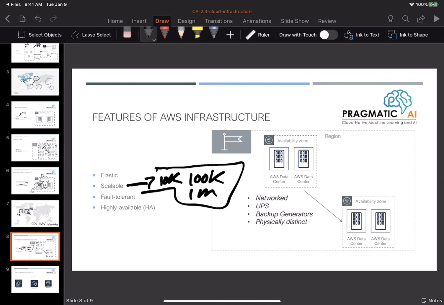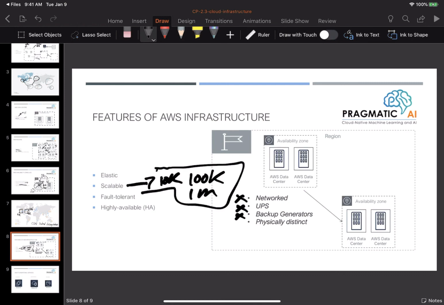Now, fault tolerance is a different word. And what that means is that you can continue to operate properly in the presence of failure. And the reason you can do that is the ecosystem, this infrastructure, is designed for that. So you can see here that it's highly networked together. That's one of the capabilities. It has a UPS, so this is uninterruptible power supply.